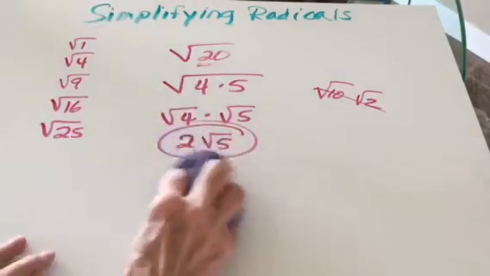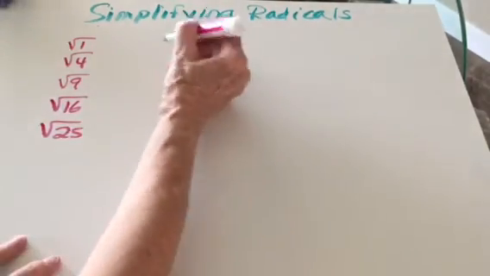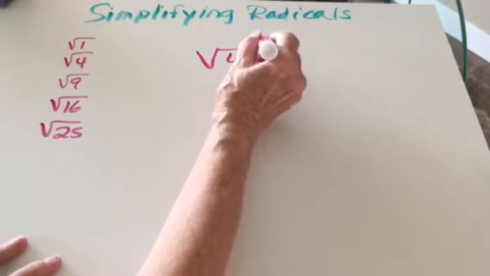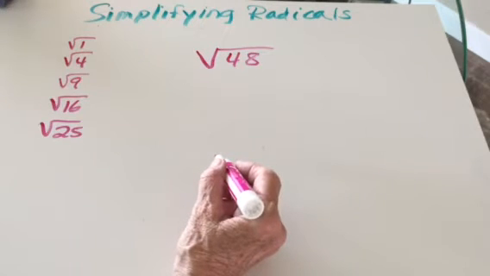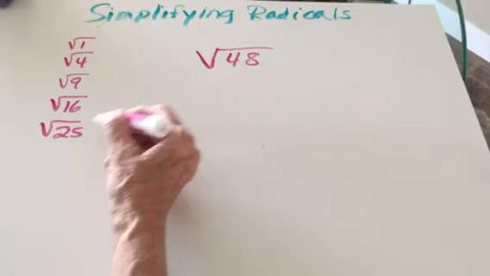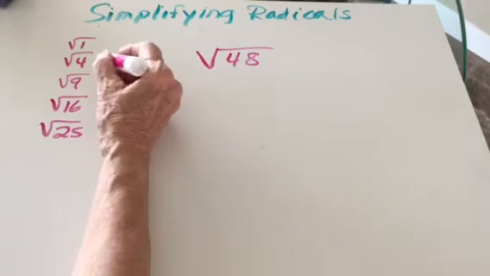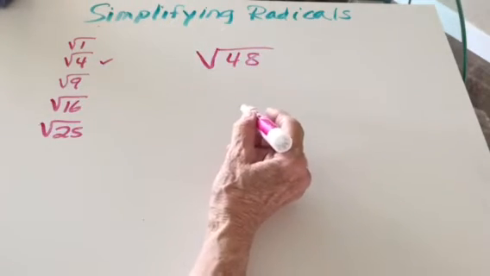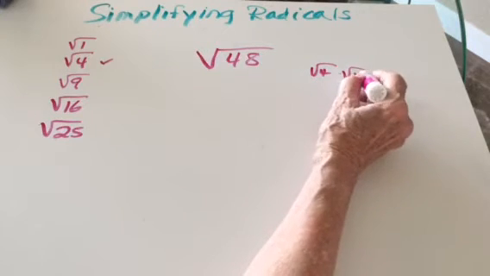All right, let's try another one. Here's another one that is kind of a hard one for kids sometimes because you haven't done it a million times like I have. So what if I would say radical 48? Is there any one of these things that you could think of that would be 48? And I think a lot of you will say 4. 4 times something. As a matter of fact, it's going to be radical 4 times radical 12.